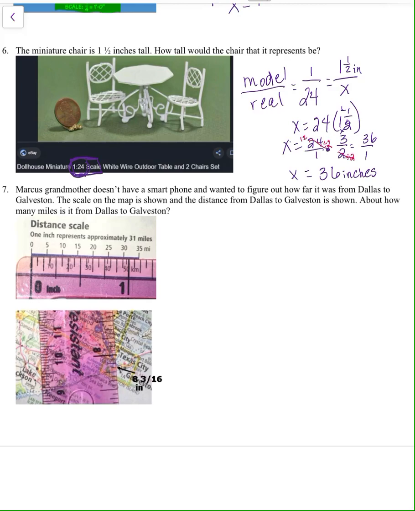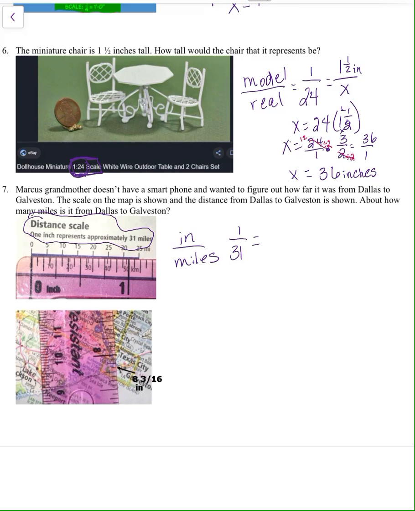Our scale would be inches to miles. From this picture, it tells us that 1 inch is approximately 31 miles. So 1 to 31.